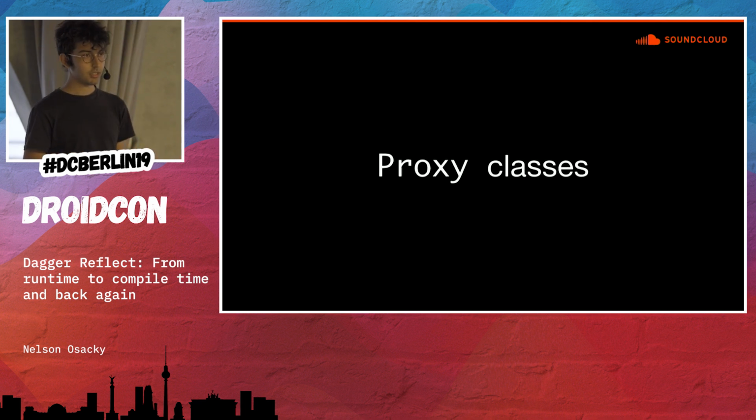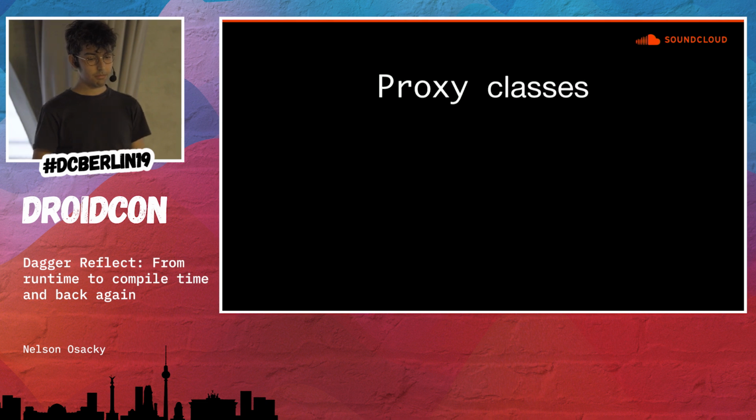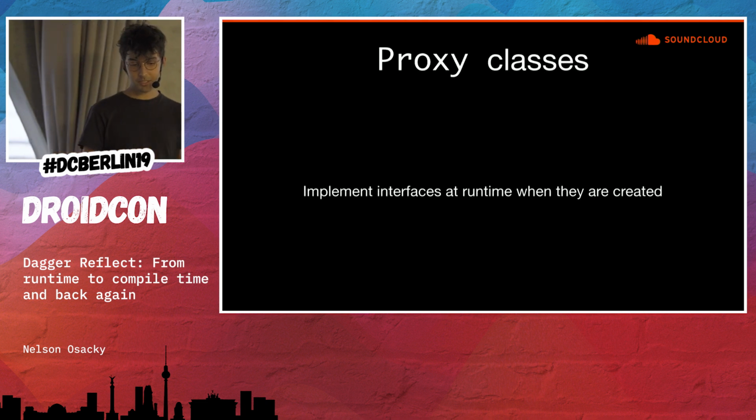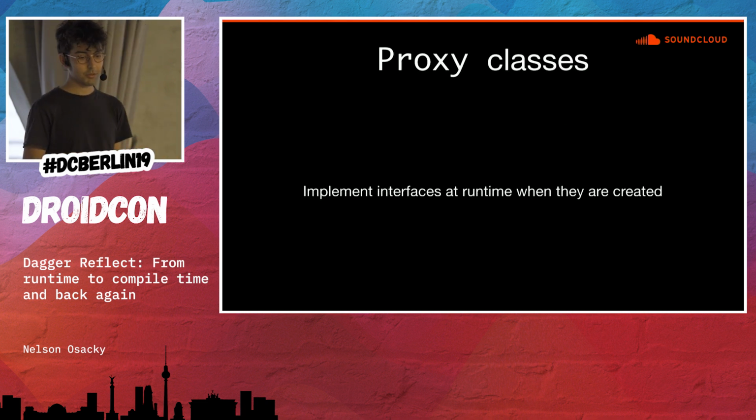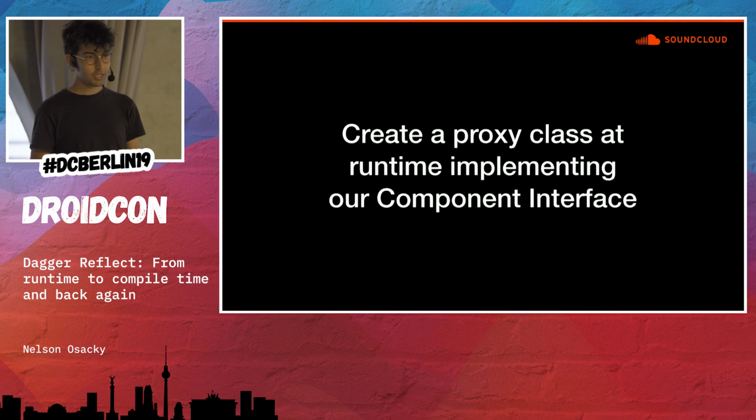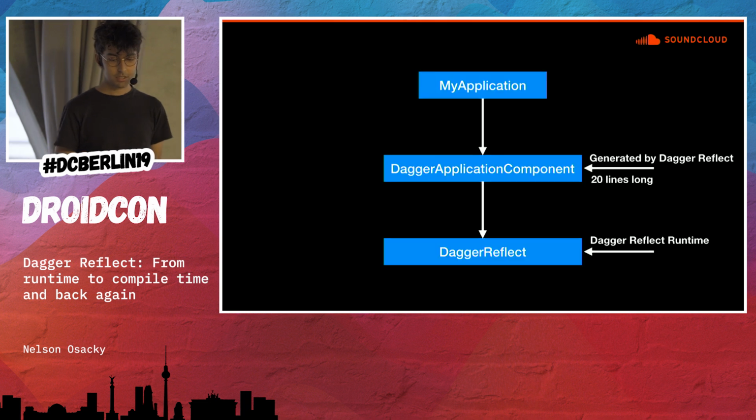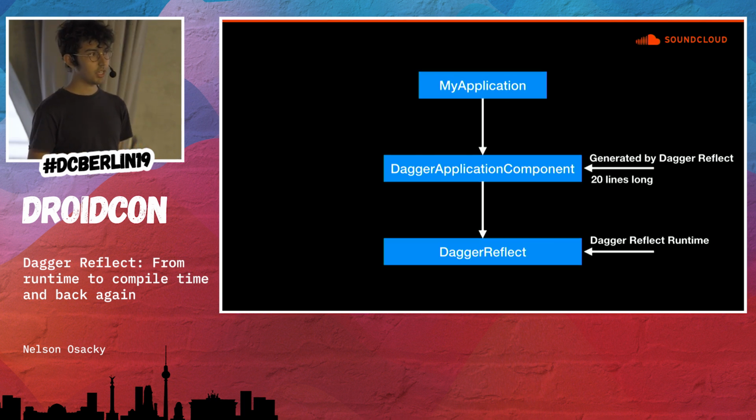A proxy class sounds complicated, but it just implements an interface at runtime. And our proxy class, in our case, is implementing the component interface. So going back to this diagram, the Dagger application component is a proxy class implementation of the application component.